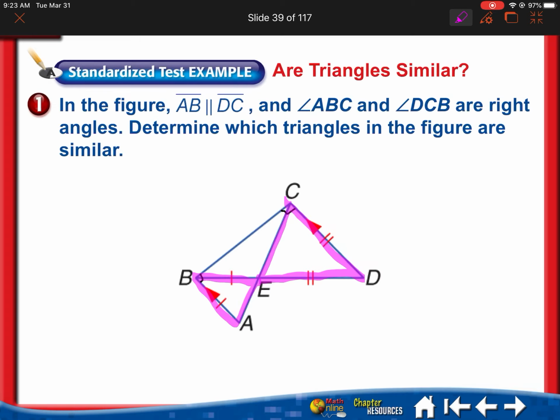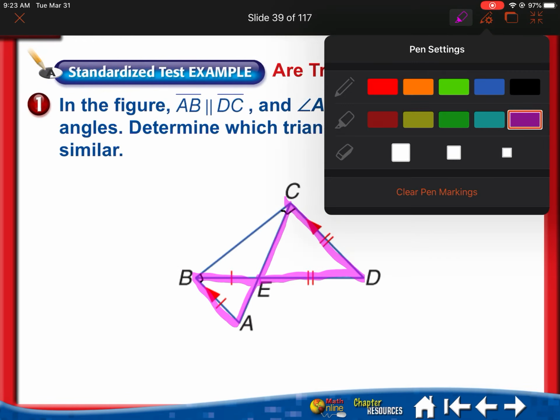But we're going to look at the isosceles triangles first. For these isosceles triangles, their sides could be proportional, but we're not really sure. All we know is that it's isosceles, so two of the sides of the larger triangle are equal to each other, and two of the sides of the smaller triangle are equal to each other.